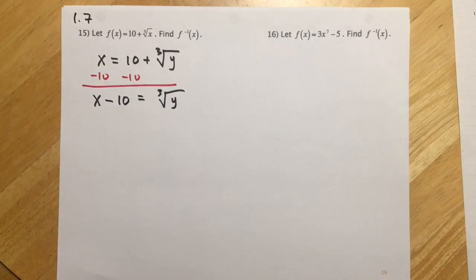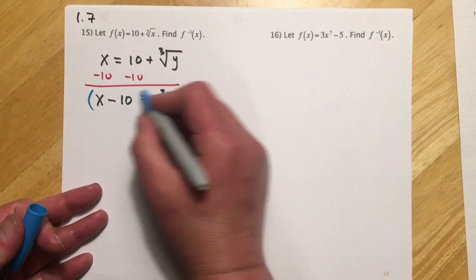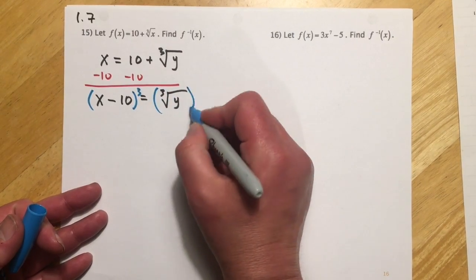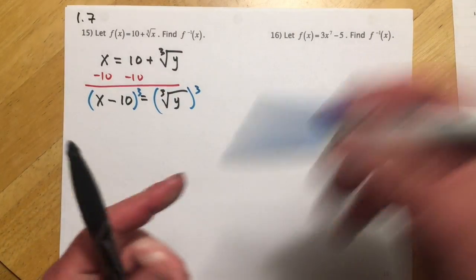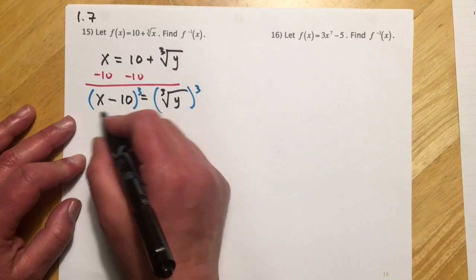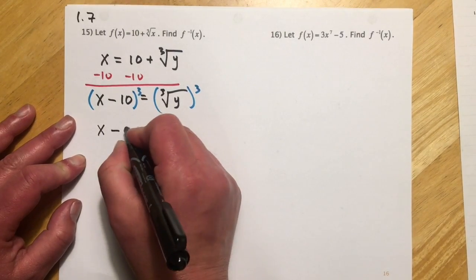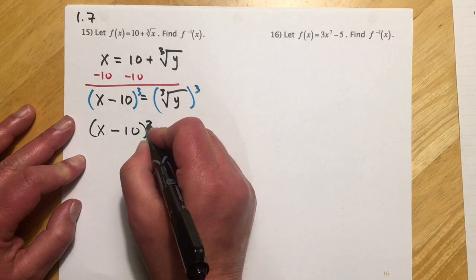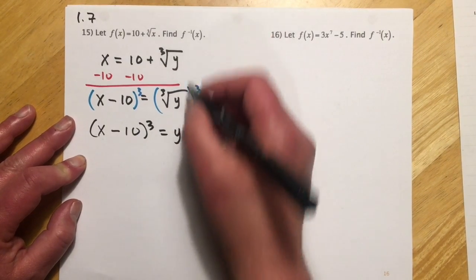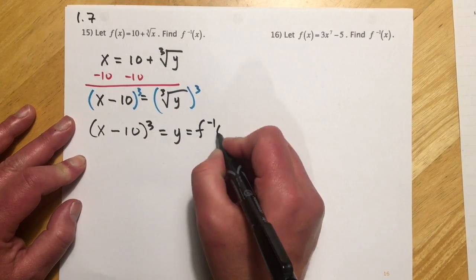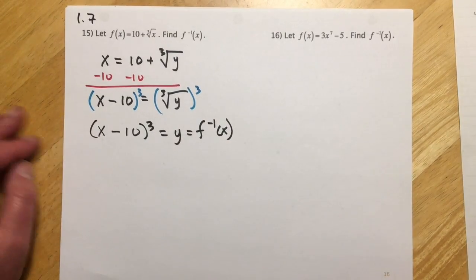And then I will cube both sides to undo the cube root. And that's pretty much it. So we end up with x minus 10 cubed equals y, which is our f inverse x.